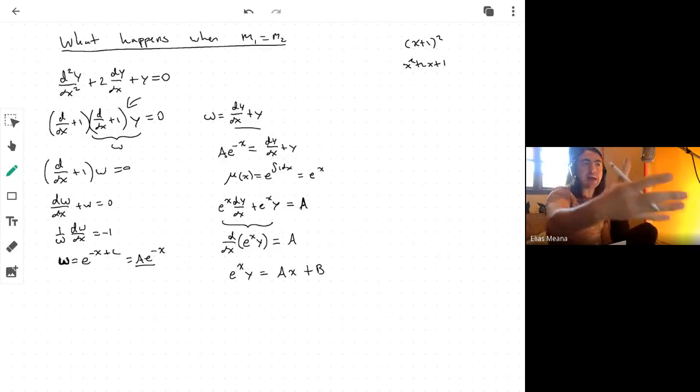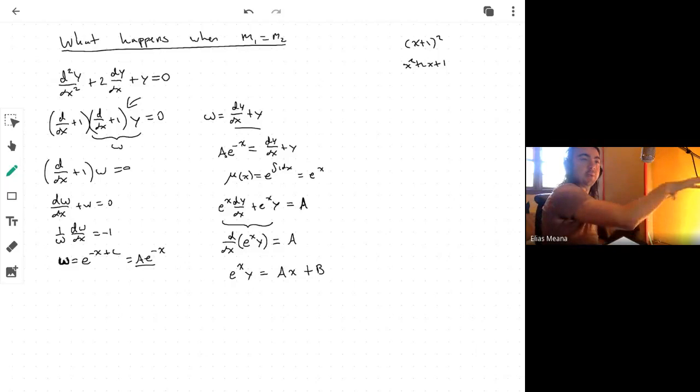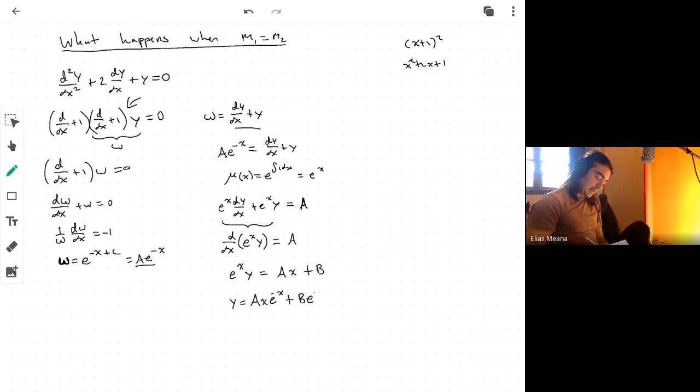We get an extra x that we wouldn't have gotten there if there had still been a leftover e. But since there were no leftover e's, the integral of just a constant is just that constant times x plus c, right? In this case, we're using b. So now if we divide both sides by e to the x, we get y equals a x e to the minus x plus b e to the minus x.